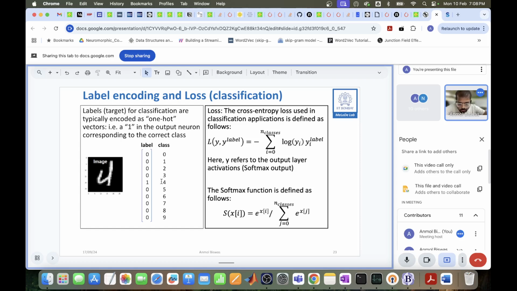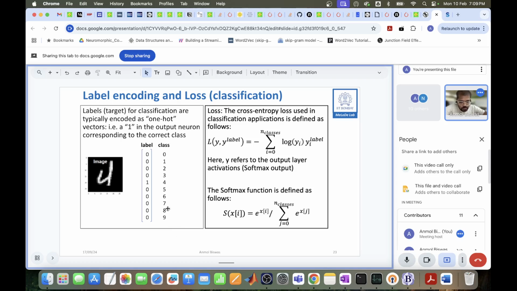So, for example, if you have a sample where 4 is there in the image and you expect a 1 at this 4 position and 0 everywhere else, but your network output is saying that no, there is a 9 there, and it is very confidently saying that there is a 9 there, which means that it has a very high value at this 9 position and very low values everywhere else.